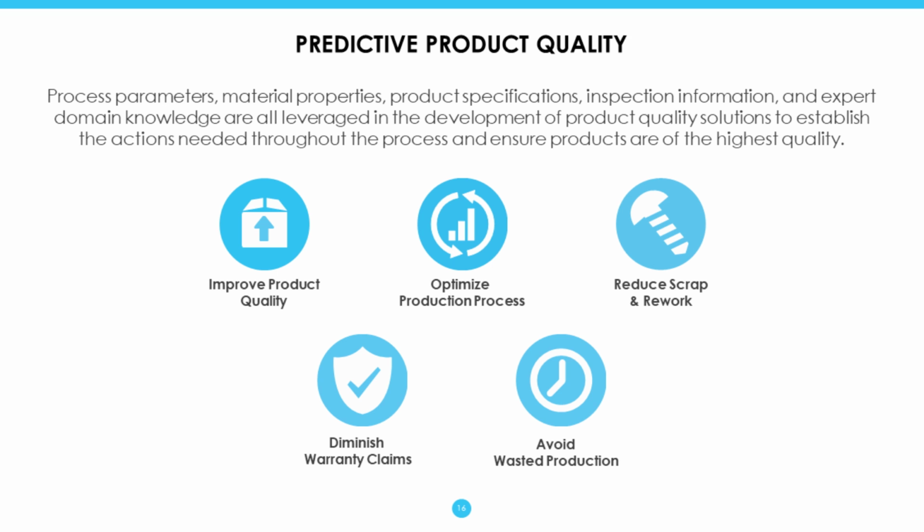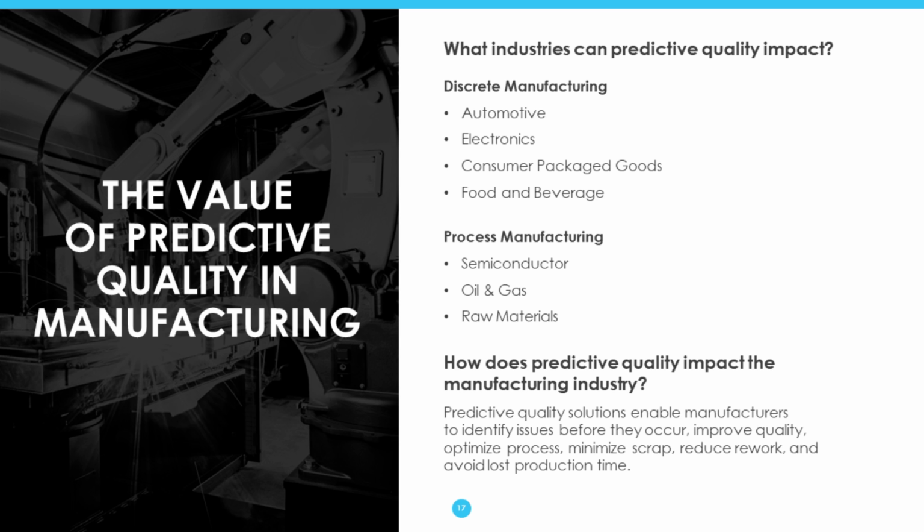In many cases, a challenge is that the data is not synchronized. There is no synchronization between the process parameters and the product parameters, and such a lack of synchronization makes it difficult for industrial AI to be applied. So connectivity and having synchronized data between the process and the product is key to success, and we'll show that in the case studies.